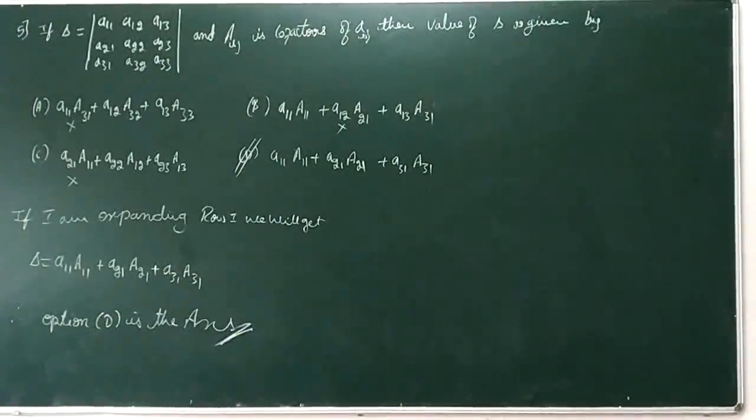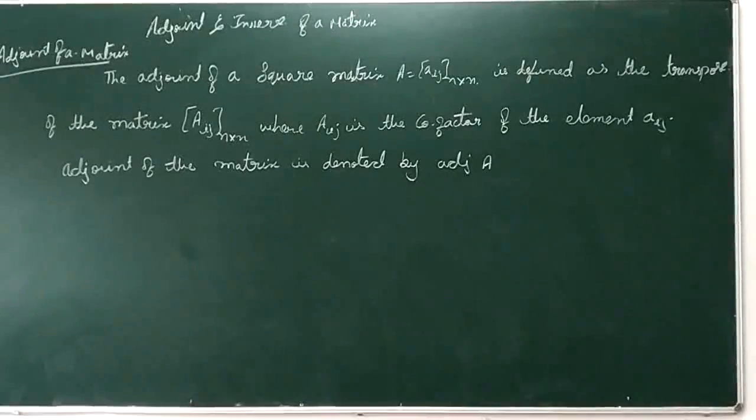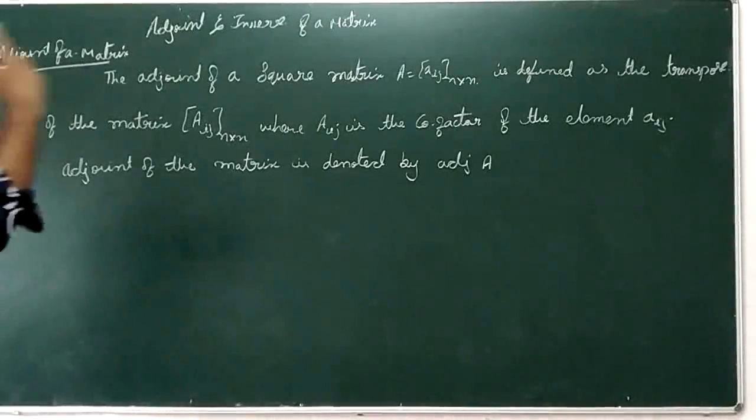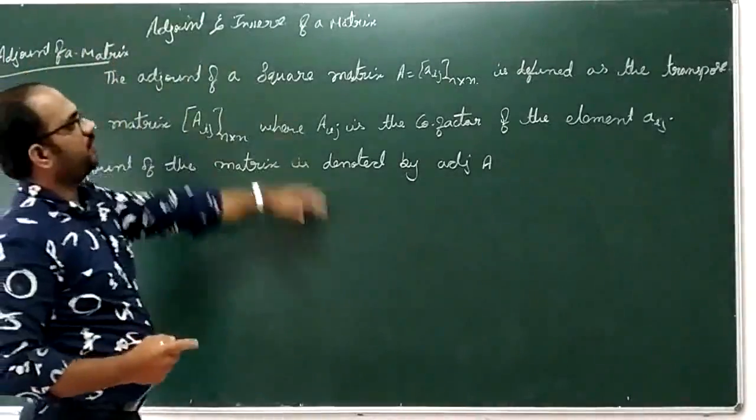And the next concept is adjoint of a matrix. Definition: adjoint and inverse of a matrix.